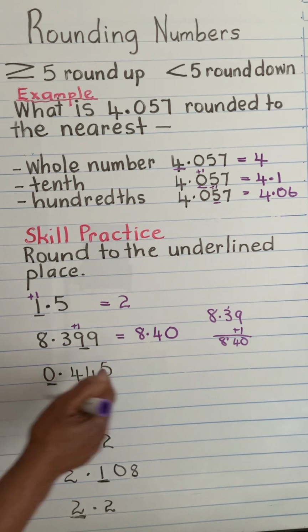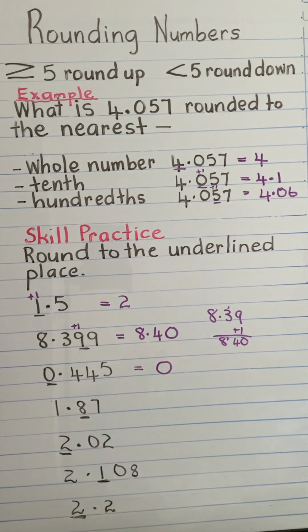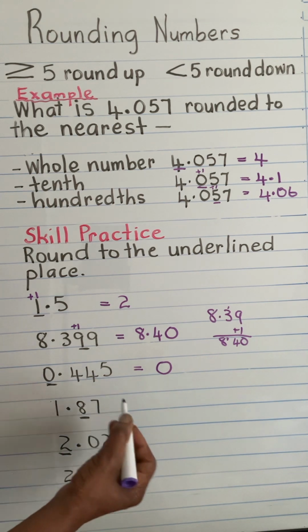So this is equal to 0. The rounding place is 0. The number next to the rounding place is less than 5. So we leave it as it is, so it's 0.